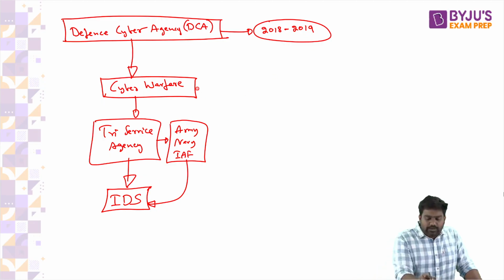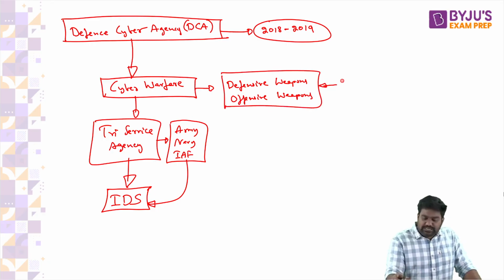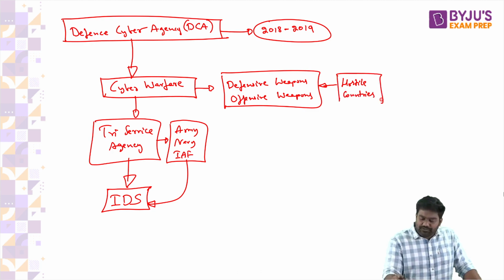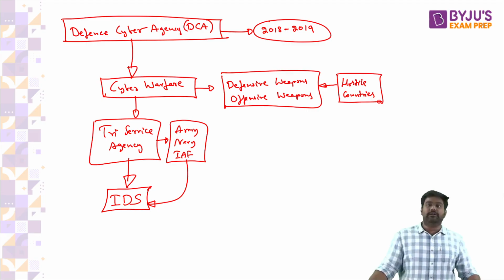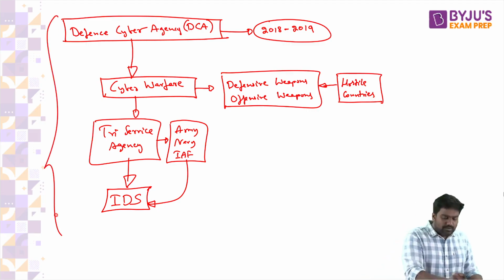Its primary role is to develop defensive weapons and also to develop offensive weapons to engage in cyber warfare, to defend India from hostile countries against cyber war, and also, if required, to launch offensive cyber wars against other target countries.